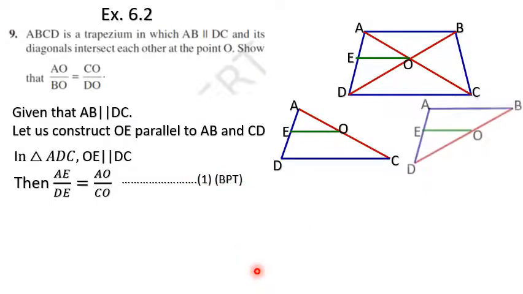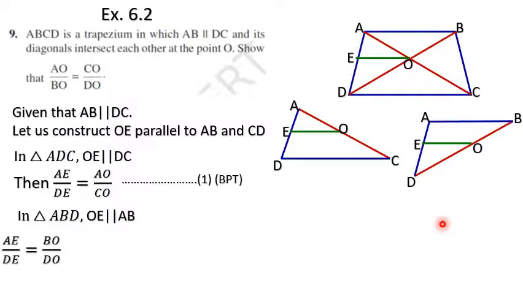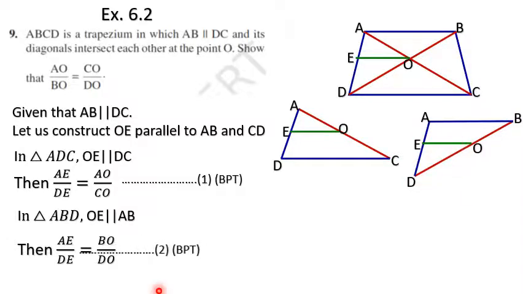Now let us take another triangle ABD. So here OE parallel AB. So what we can say? We can say that AE by DE is equal to BO by DO. This is equation 2.